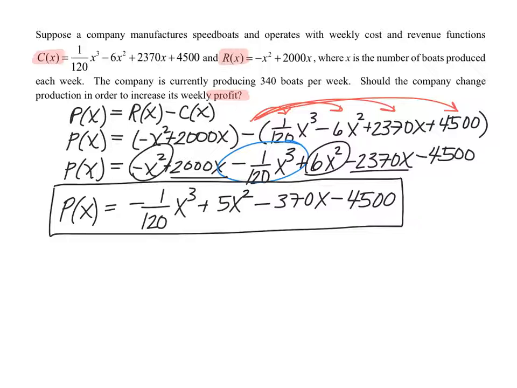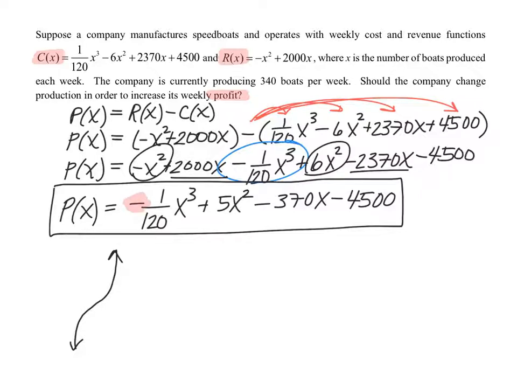Before we move on to our graphing calculator, let's first analyze the shape of this graph. If you think of the parent function of this graph, it's a cubic, an x cubed graph. And typically our x cubed graph is an S-shaped curve, something like this. However, we do have a negative leading coefficient here.